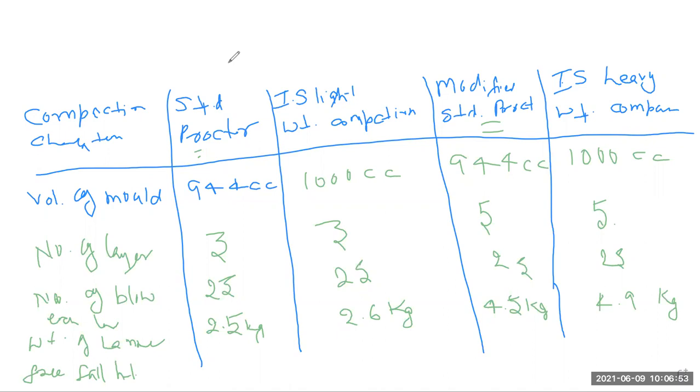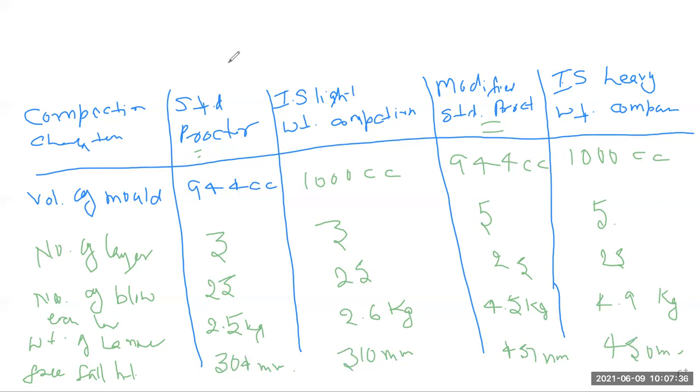For a standard Proctor, 304 mm. For Indian light compaction, 310 mm. For modified, 457 mm, and for heavy compaction, 450 mm. So these are some differences between the lab methods: standard, Indian light, modified standard Proctor test, and also Indian standard heavyweight compaction.